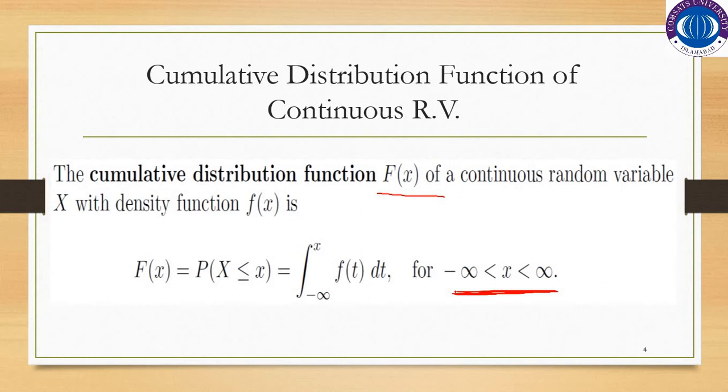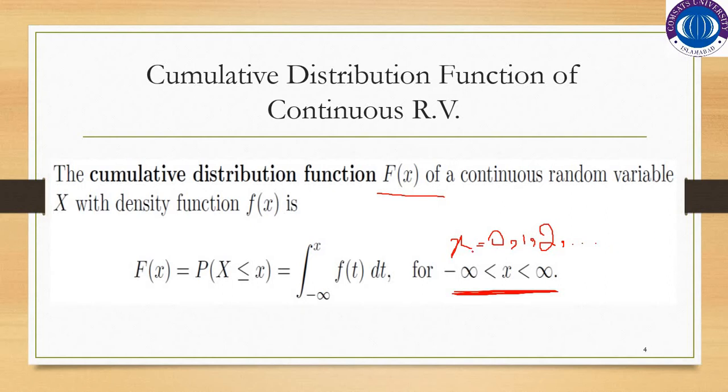In the discrete random variable case, where we have the discrete probability distribution function, you were finding F of x by summing up all the probabilities till the particular point. And as you have noticed, the limits of the function are written as x equal to 0, 1, 2, up to some particular point, or it could be till infinity.